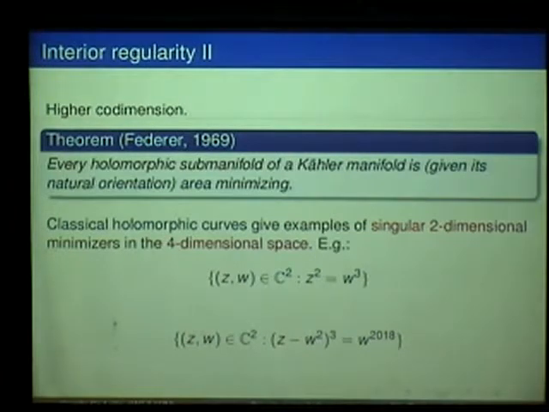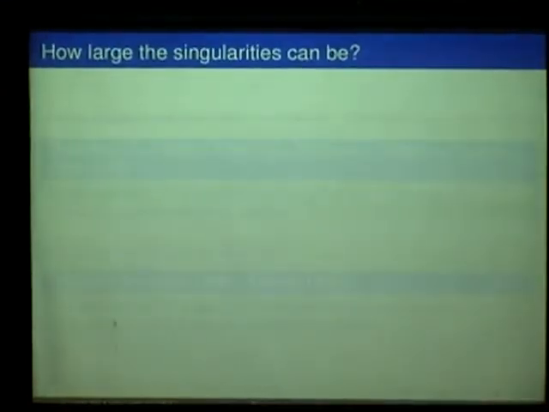Once you know that there are singularities, you could ask the next question, which is how large the singular set is in general. If the singularities are small, and if you can analyze their structure, of course you can still infer a lot of conclusions.